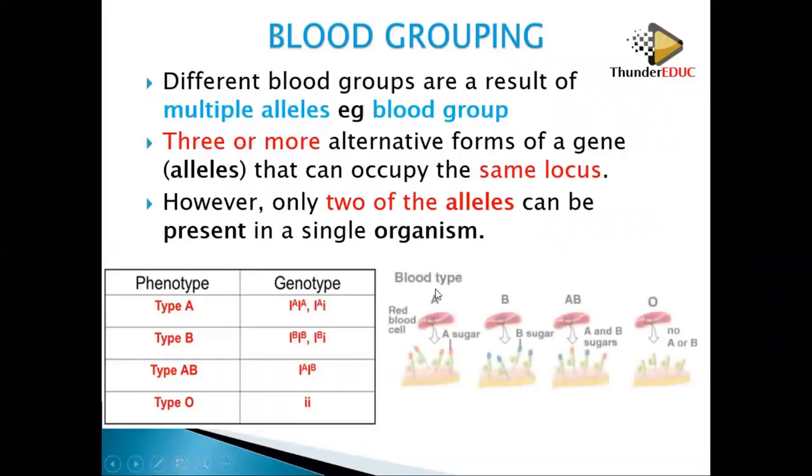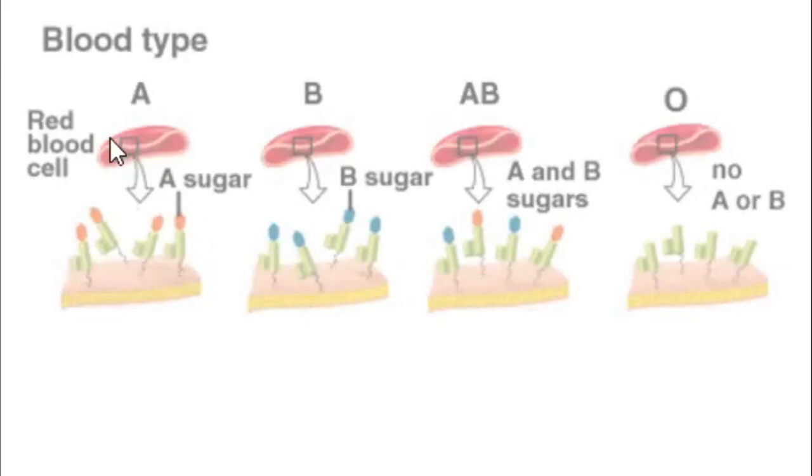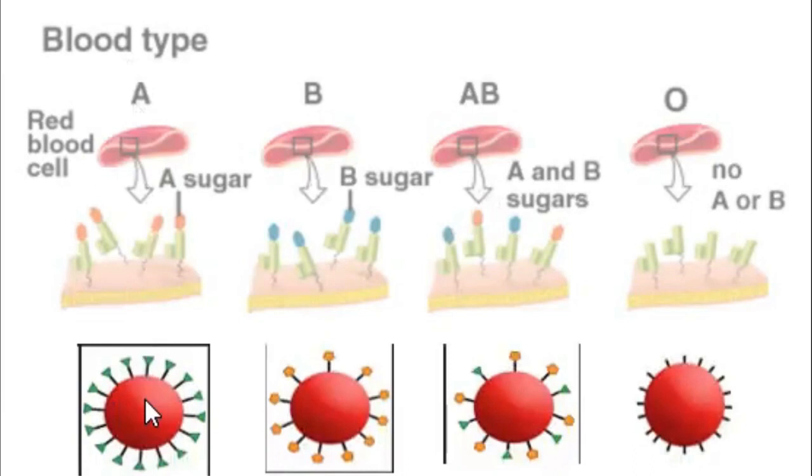So we are saying that for blood groups, you have A, you have B, you have AB, and you have O. These blood groups are being determined by the red blood cells. So which kind of antigens do you have? Blood group A has this kind of antigen, blood group B has this kind of antigen, blood group AB has this kind of antigen, blood group O has this kind of antigen.